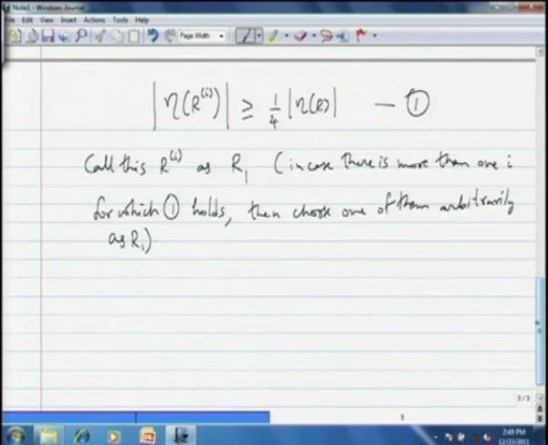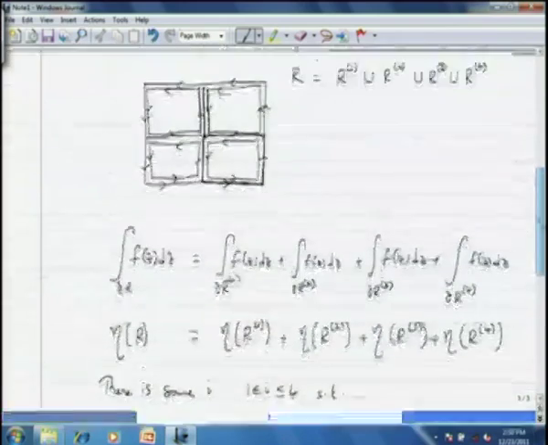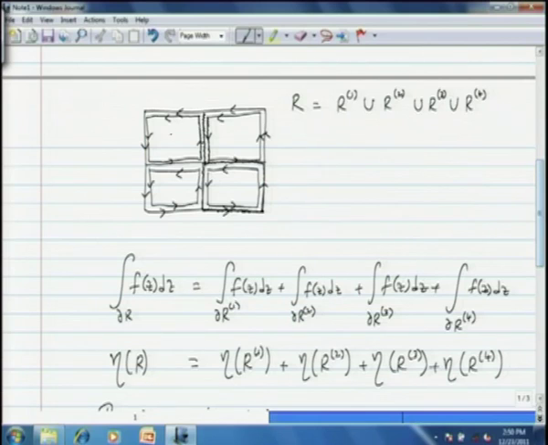We will call that R_1, and then let us pretend that the top left rectangle was R_1. Let me go back to this picture.